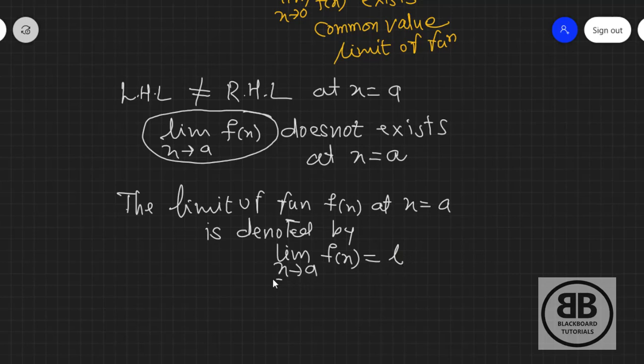So what does it mean? It means we are approaching a from both sides. If we are approaching a from both sides, and the value of the function f of x is approaching L, then this L is called the limit of the function.